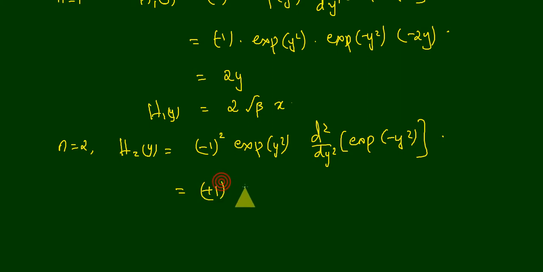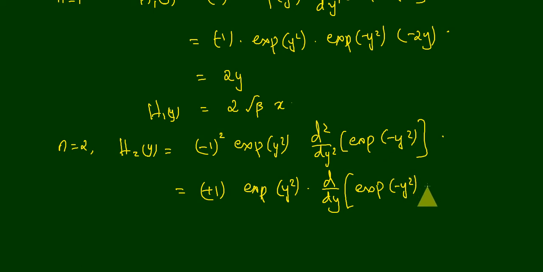So plus 1 exponential y square into d by dy of the first derivative of this one, that is exponential minus y square into minus 2y.